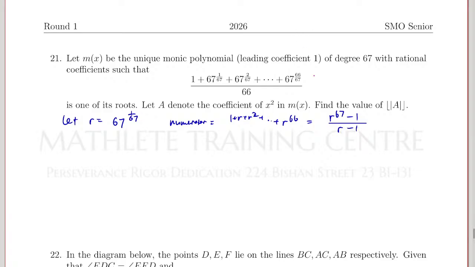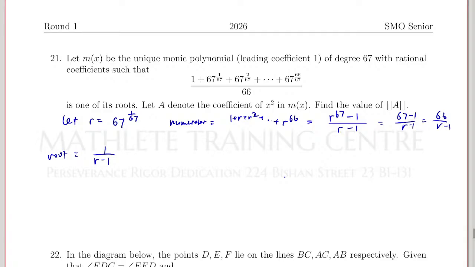Oh, wait a minute, isn't R to the power of 67 just 67 itself? So when you divide by this, it becomes a nice number. So the root is equal to 1 over R minus 1.